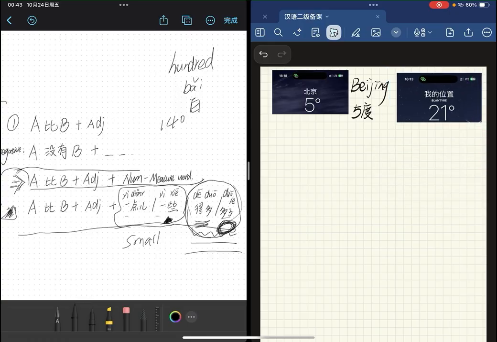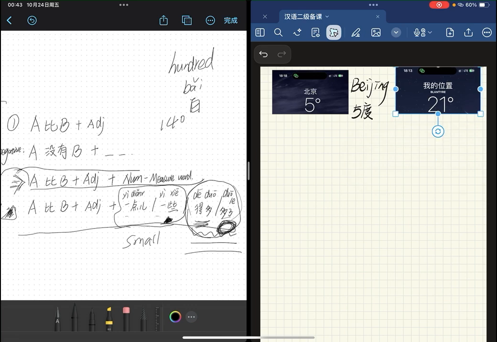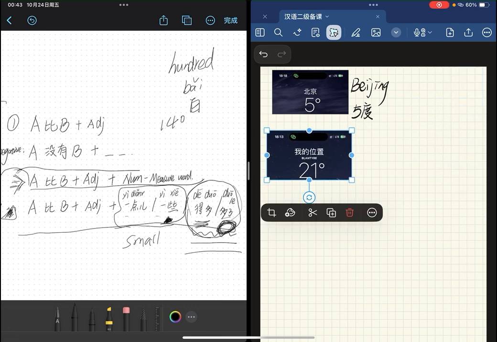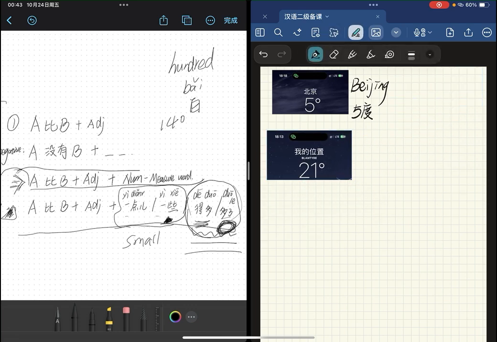This is Blantyre's temperature. Blantyre's temperature is 21度. So Beijing is 5 degrees, 5度, and Blantyre is 21 degrees, 21度.